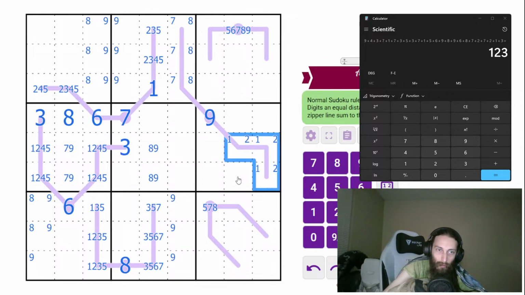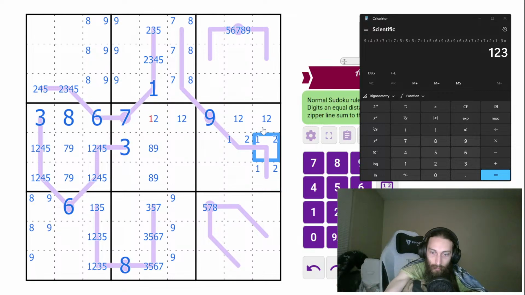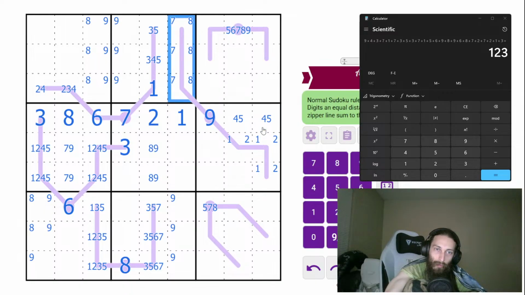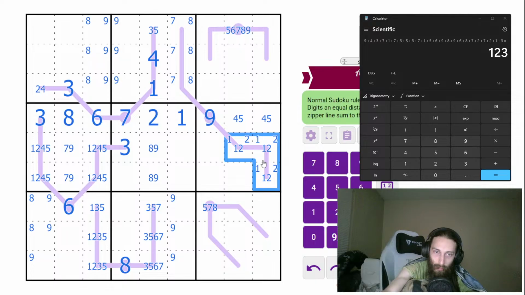Well, row 4. Row 4 needs 1, 2, 4, 5. And the 1, 2 has to be in box 5, yeah. 2 pairs with 5. And you said 4, 5 over here? Uh-huh. So that means 4 and 5 can't be on any of these. Oh, and the 4 has to be here. 6. So 1, 2, 3, 6.